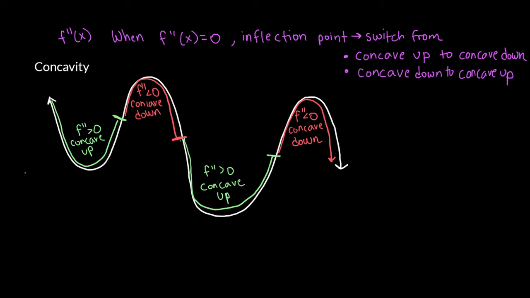And then these switches in concavity are inflection points, which I'm going to abbreviate as IP. So here is an inflection point where f double prime is equal to 0. Here's an inflection point where f double prime equals 0, and then here is another one.